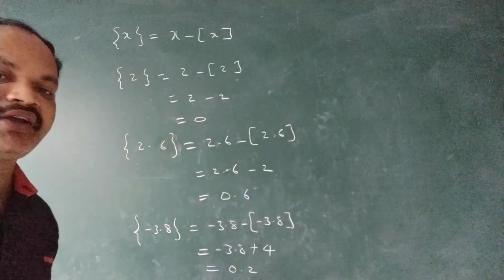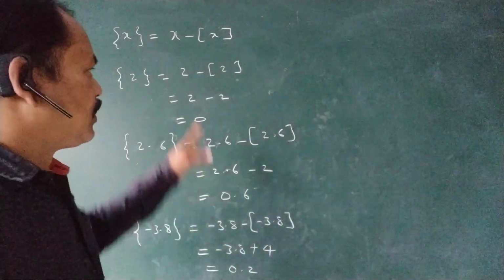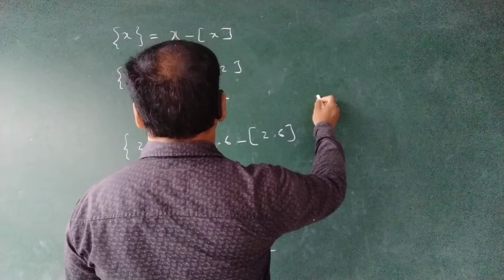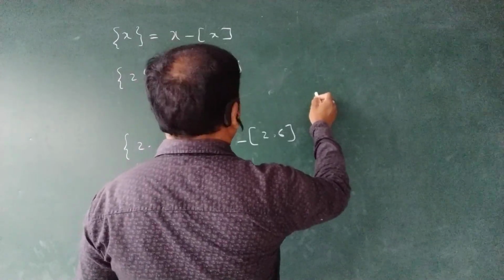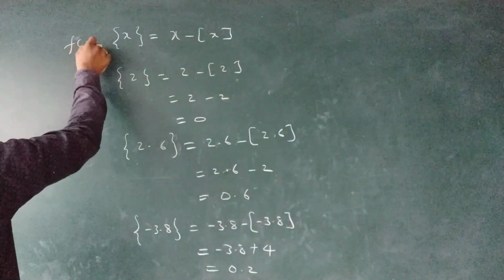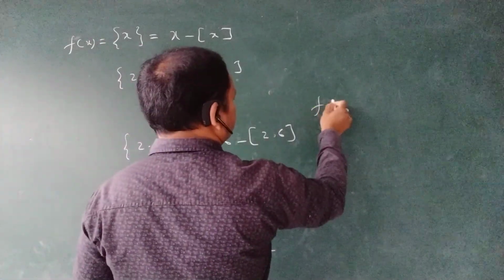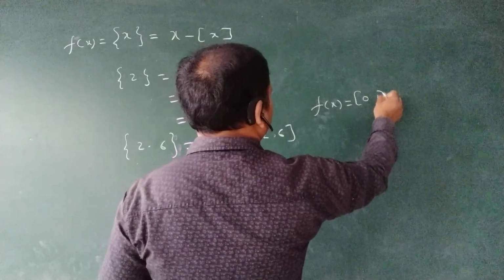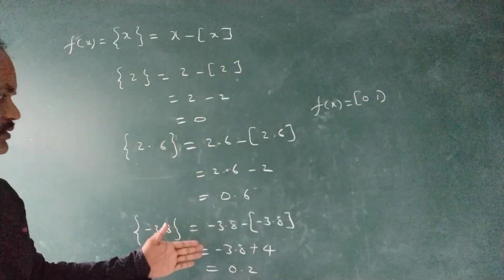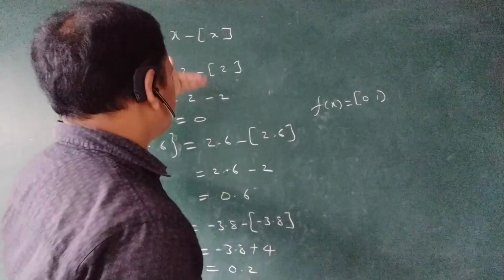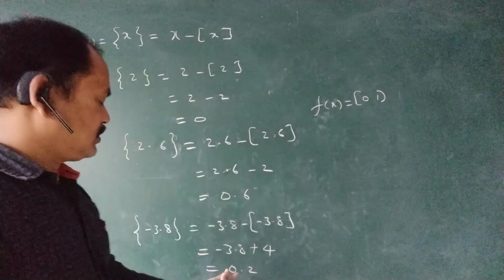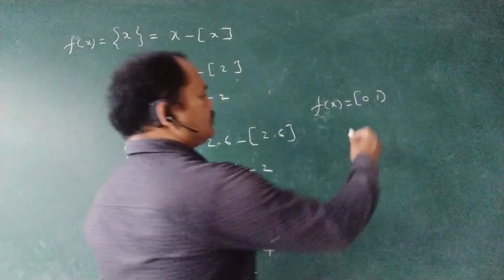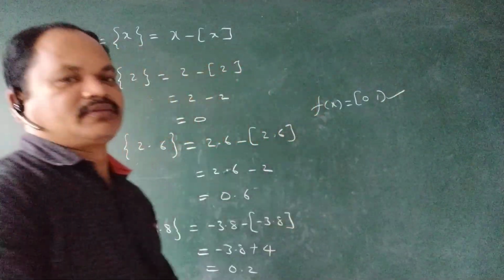That's why the domain for the fractional part of x is the all real number set, but the range: suppose you take it as f of x, then f of x belongs to closed 0 to open 1. This is closed 0 to open 1. It does not approach 1, it is 0.999. That's why this is the range of the fractional part of x.